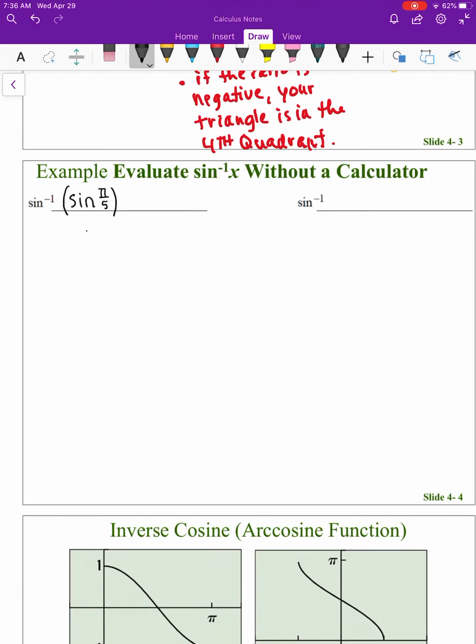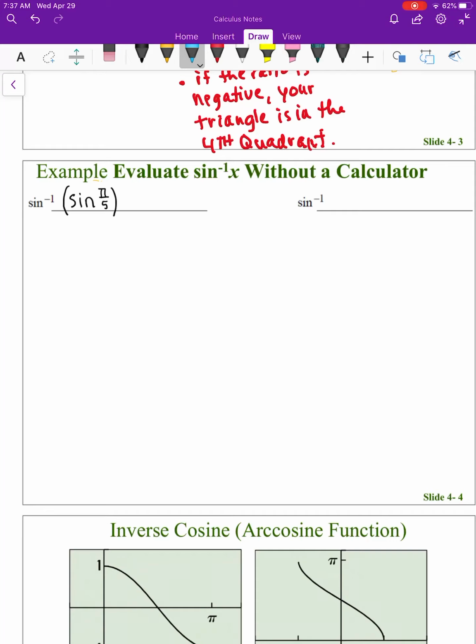So on these types of problems, you have to start here. Start with this one, and we're going to figure this one out, and then we're going to take the inverse sine of that answer. Okay? So we're basically taking the inverse sine of whatever this one has as an answer.